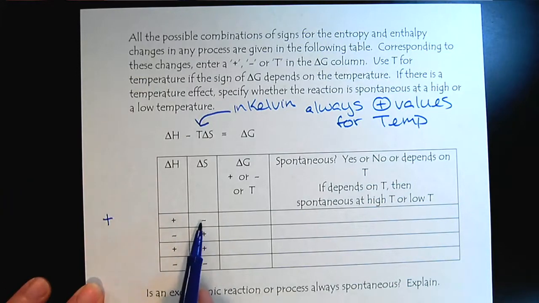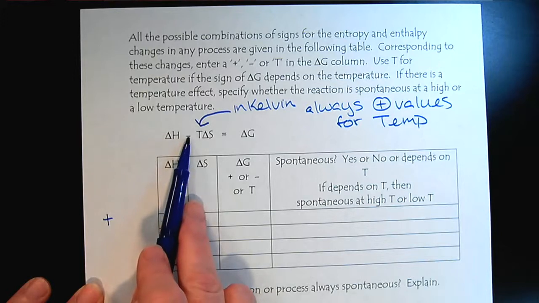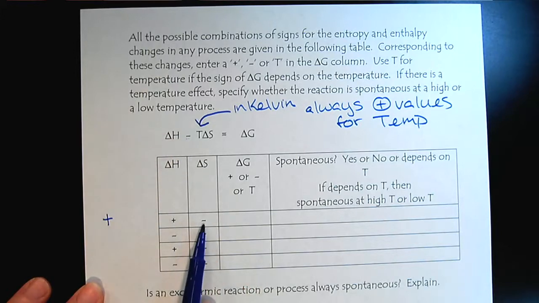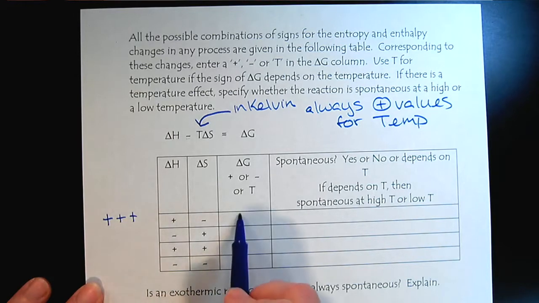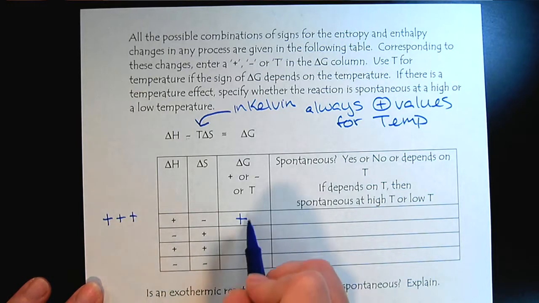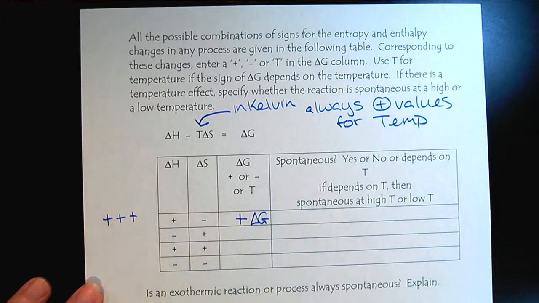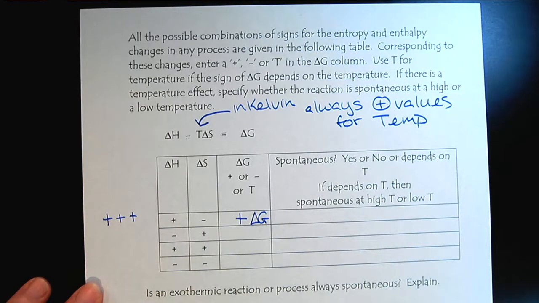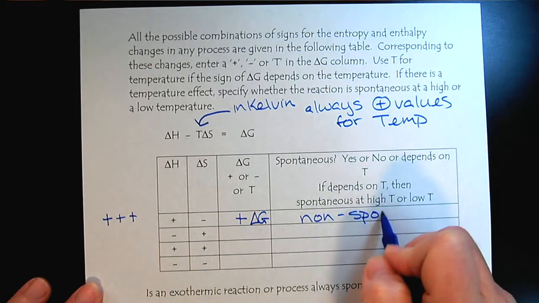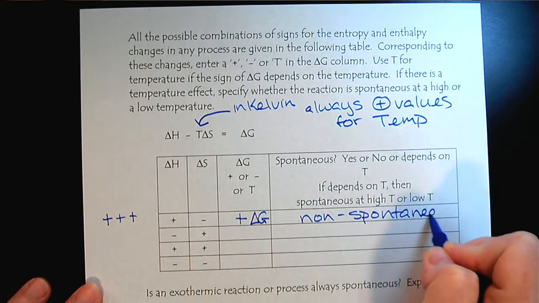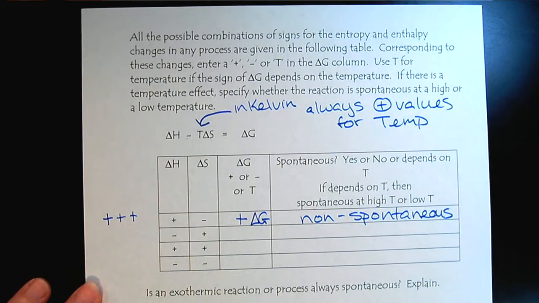And then if we take the negative sign of the formula and the negative sign of the entropy, we know we're going to end up with a positive. So we know that the overall energy is going to be a positive delta G. And so it doesn't matter what temperature we use, this is going to be a non-spontaneous process, and we will always have to add energy to make it occur.